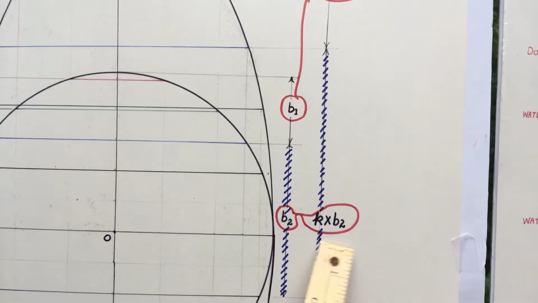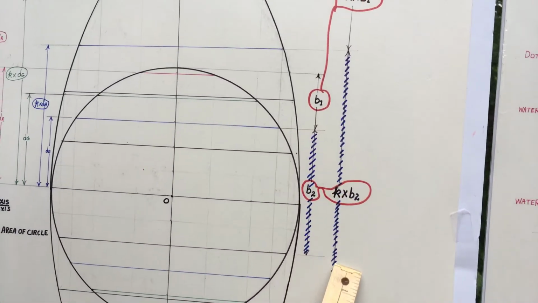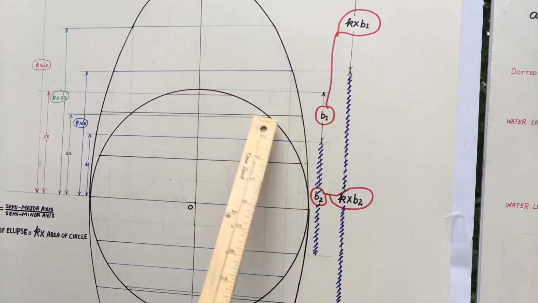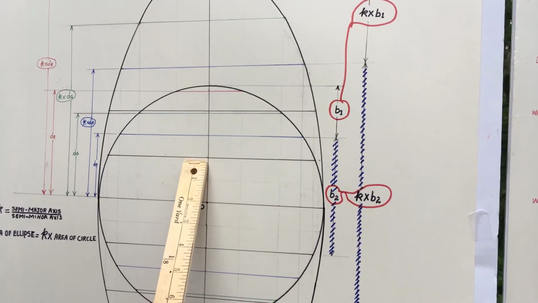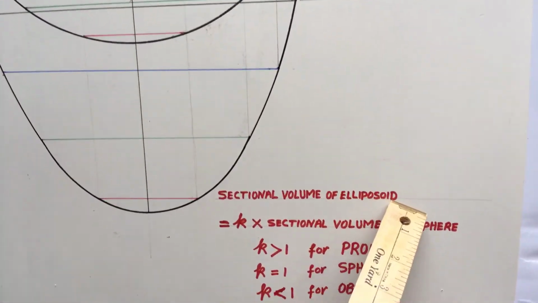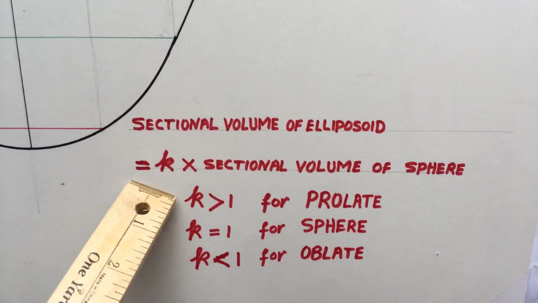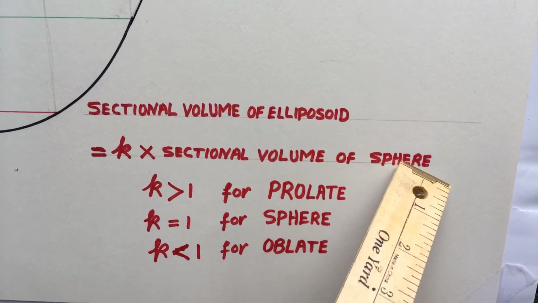That's why these dashed lines show the transformed volume, and this is the volume of the sphere. Finally, I would just say the sectional volume of the ellipsoid is equal to k times the sectional volume of the sphere.